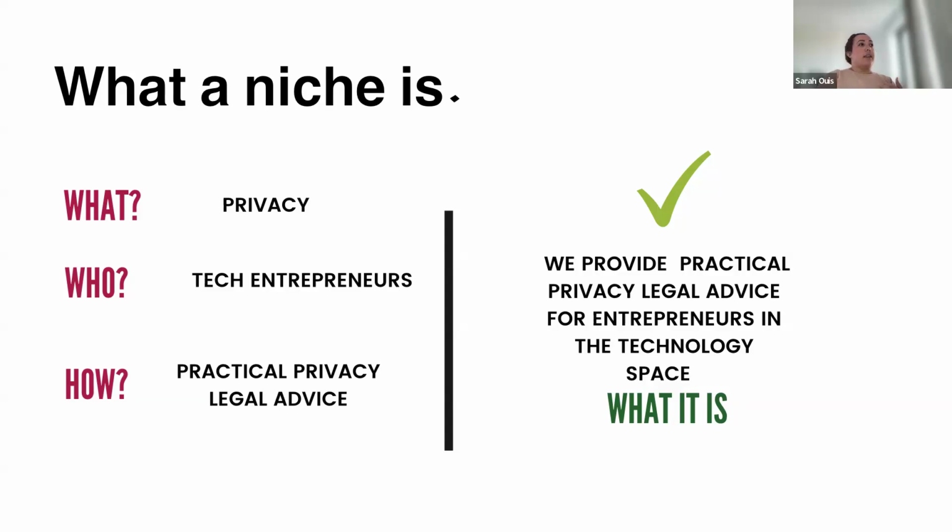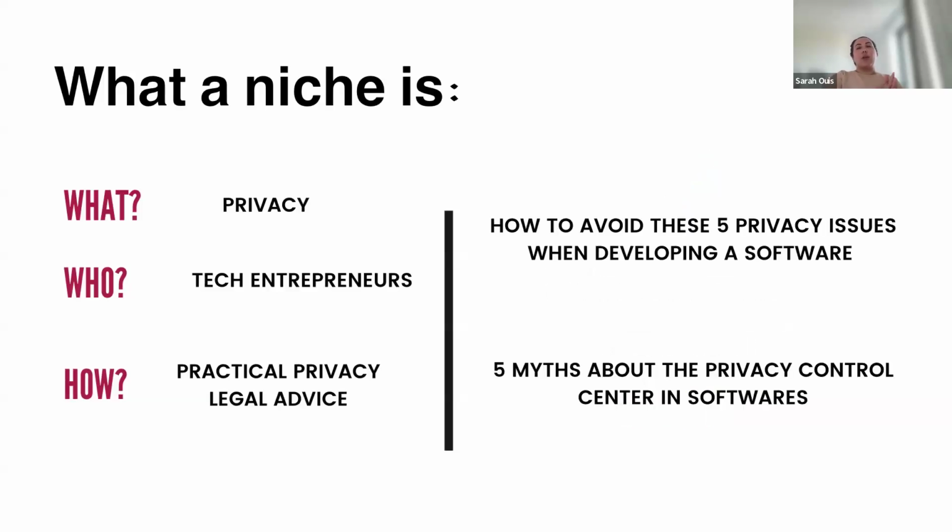You could provide coaching services on becoming a privacy consultant, for example. You could have a privacy software for general counsels. That is why I define the micro niche with the what, the who, and the how. And that's really what makes a micro niche in a more accurate sense.